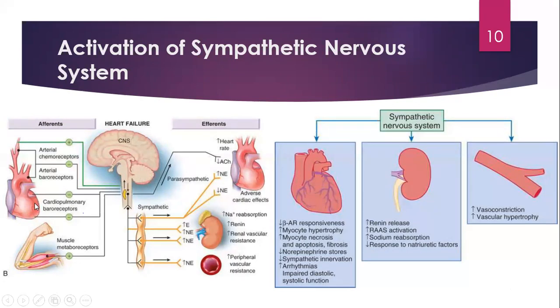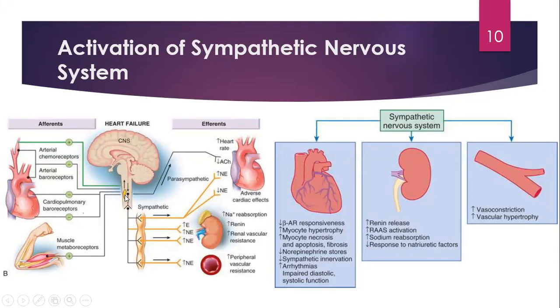It's the same thing with the baroreceptors in the atrium as well as in the ventricles, and also the metaboreceptors in the contracting muscles. When carbon dioxide and other metabolites are high, this also activates the cardiovascular center. So all of these stimuli increase the sympathetic output through the sympathetic chain.